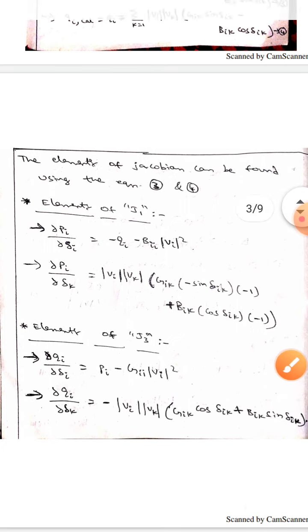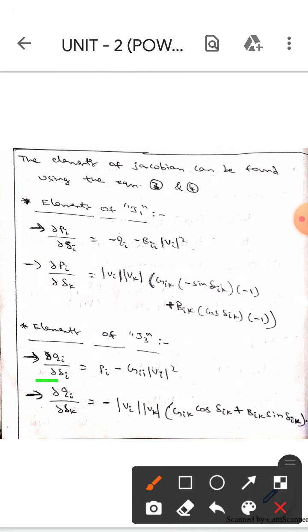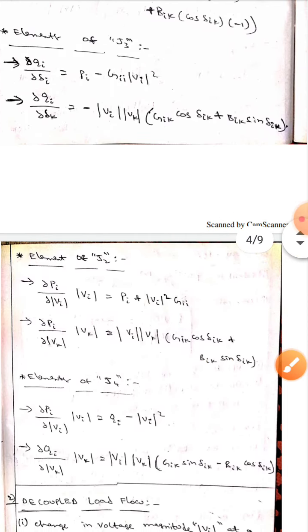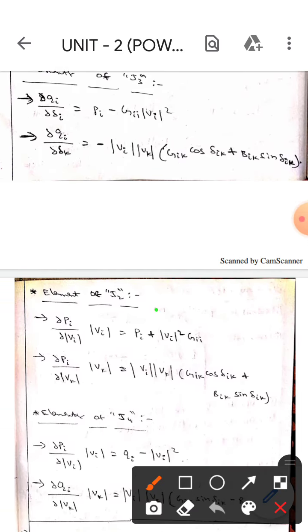And the element of J3 we can find by using dou Qi by dou delta i, which equals this one, and the next element is dou Qi by dou delta k, which equals this one.